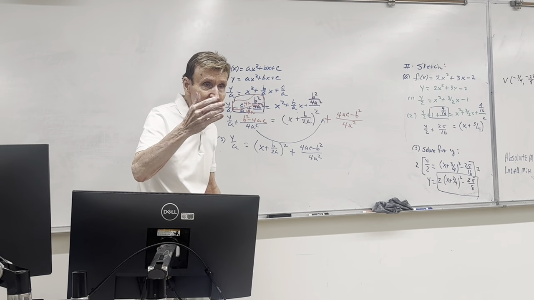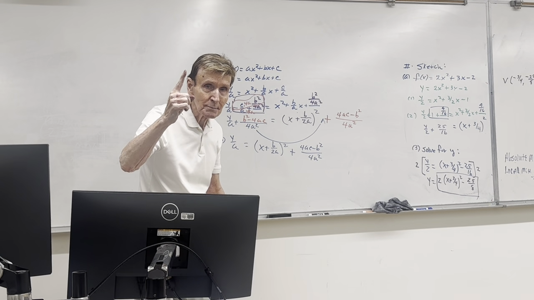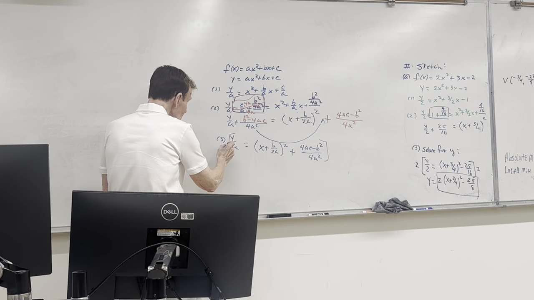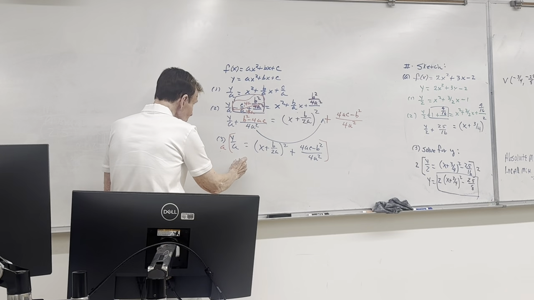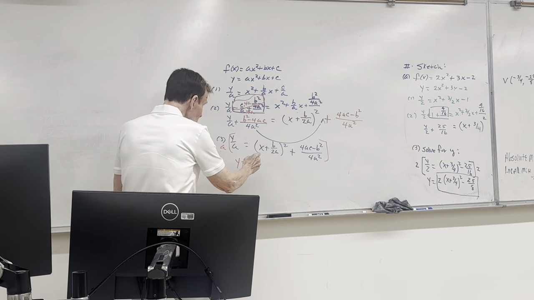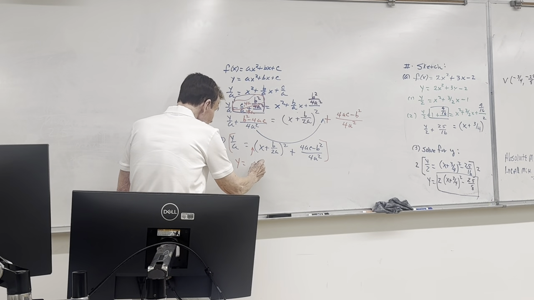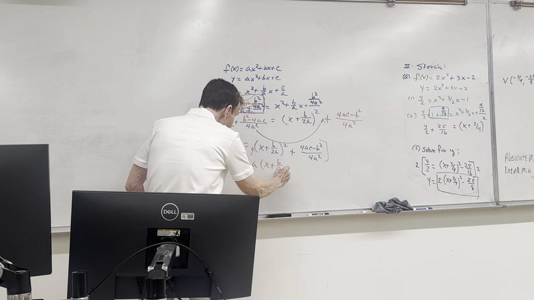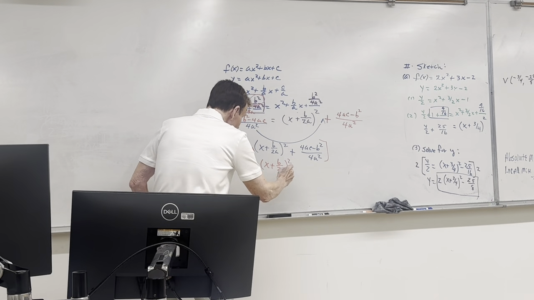Now what do I need? I need one more step. I want the y completely by itself. What's my last step? Multiply by A. Thank you. Multiply everything by A. A's cancel on the left, which gives me a y, which is a 1. Multiply this by a, put an a out front. Beautiful.